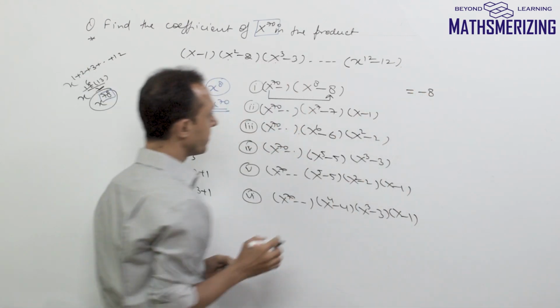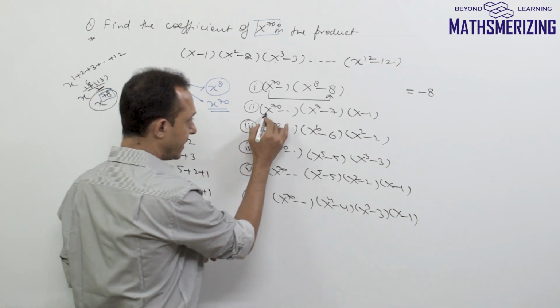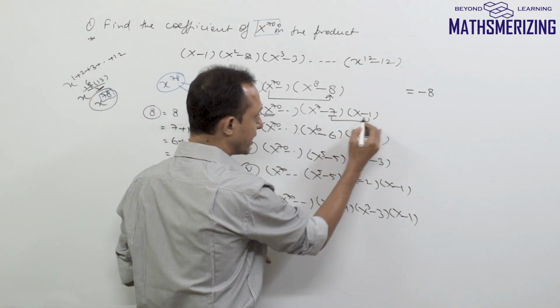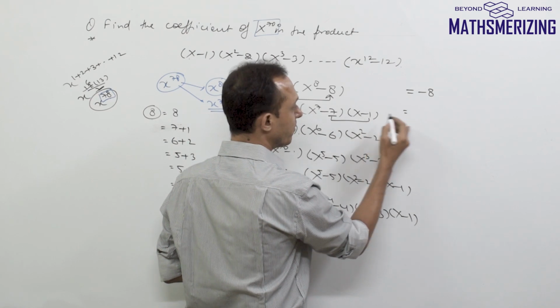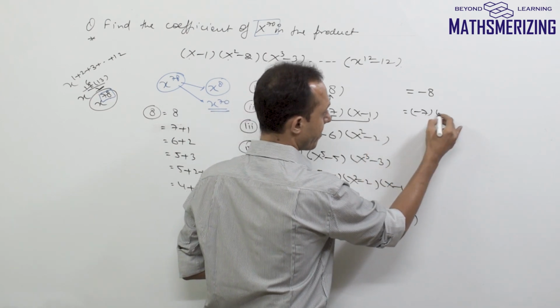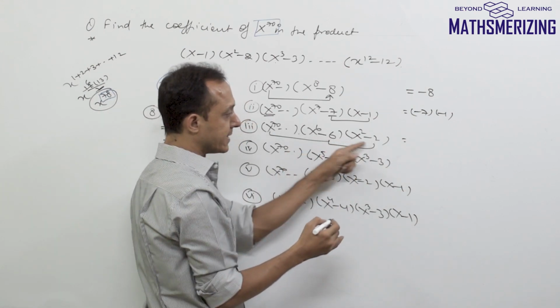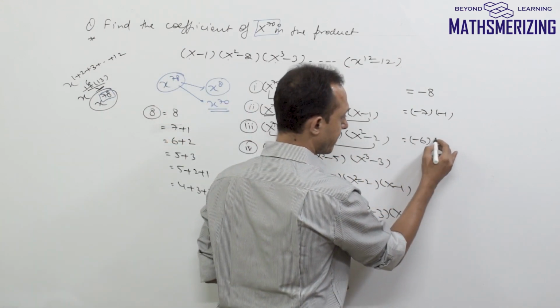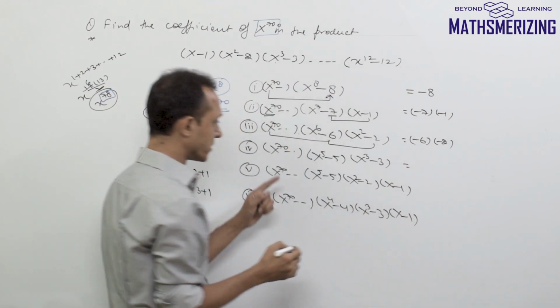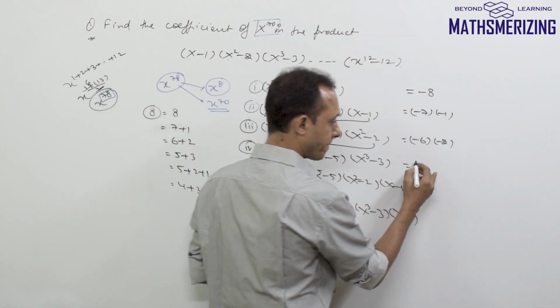Now when this x to the power 70 gets multiplied with this constant term, which is minus 7 into minus 1. Here it will be when x to the power 70 gets multiplied with minus 6 and minus 2. So there will be minus 6 and minus 2. Here the possibility will be minus 5 and minus 3.